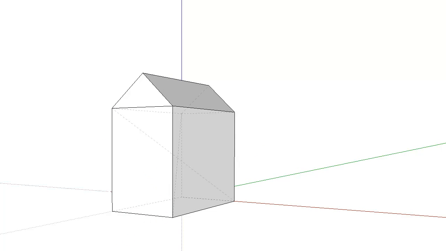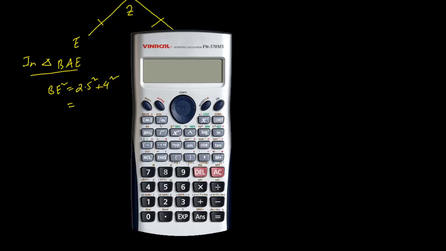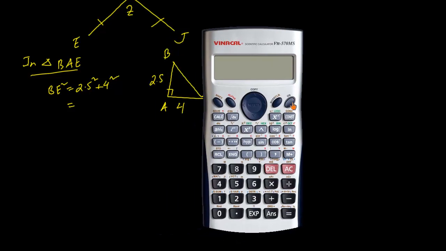So let's use the calculator. So 2.5 squared plus 4 squared, that makes it 22.25.